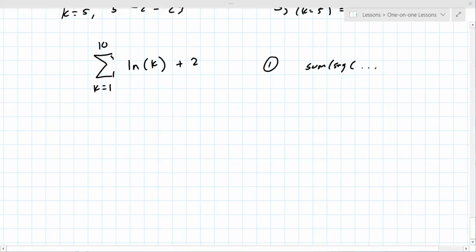Okay, so let's not go to 10. Let's just go to 3 for your calculator, please. Okay, so I definitely forgot where this is on the calculator.